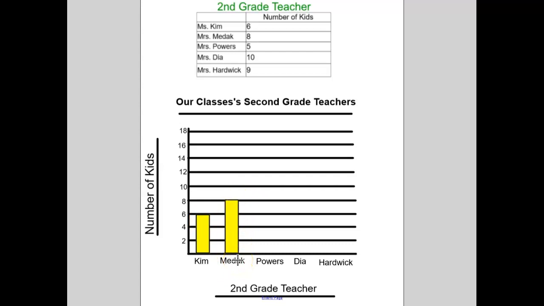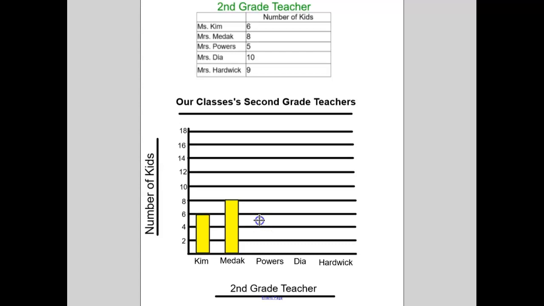Mrs. Powers is a little trickier. Pause the video and point on the screen how far up we would draw our bar to show that Mrs. Powers had 5 students. Where would that go? You're right. You guys know that 5 comes right in between 4 and 6.